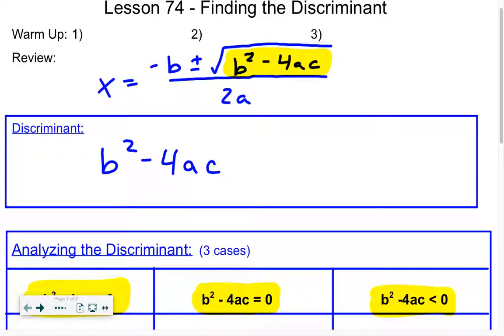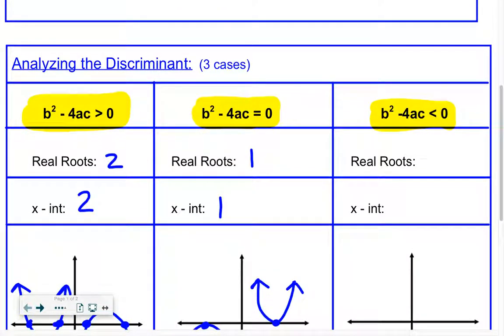Can I take the square root of a negative value? No. Even your calculator will tell you error, or syntax error, or domain error. Okay, not good. What do we create? Yeah, we end up creating an imaginary or complex root. Very good. So in terms of real roots, there aren't going to be any.